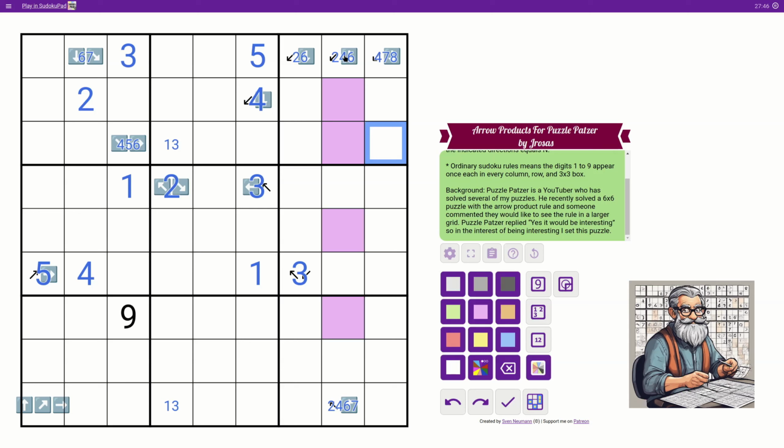If I could get rid of 4, that would be great. Oh, I can get rid of 4, can't I? That's interesting. I was just looking at it because this would be 2, 6, and then I would get a 7 out. I'd have a pair of 2 6s here.